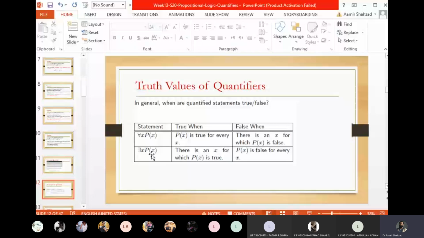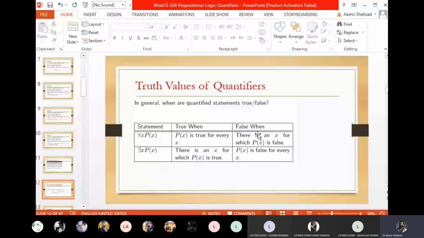And existential quantifier, there exists x for which p of x is true. So if there is at least one value for which p of x is true, existential quantifier is true. And it is going to be false if it is false for each and every value of x.